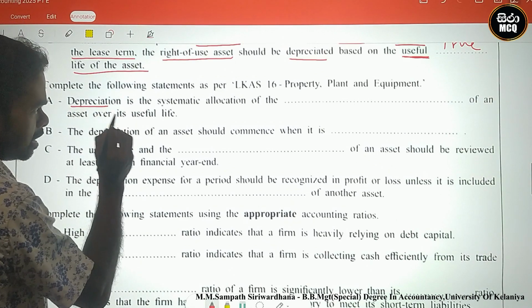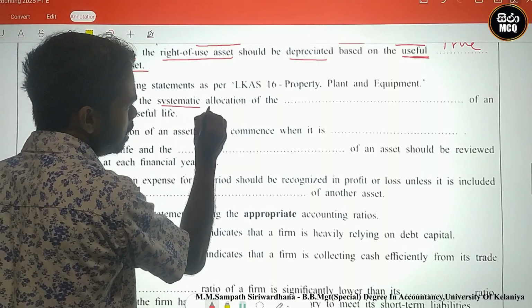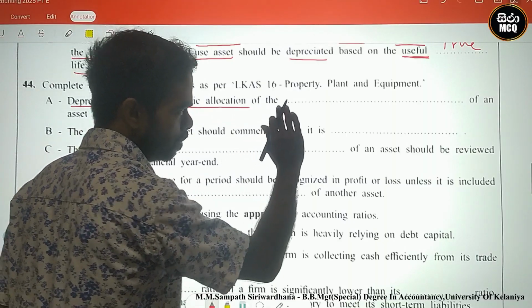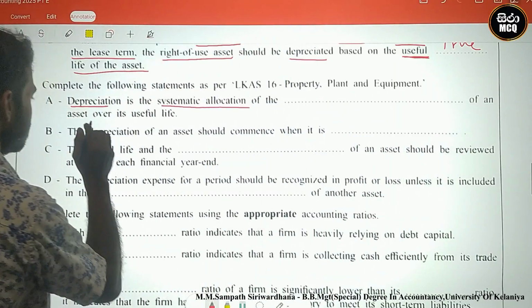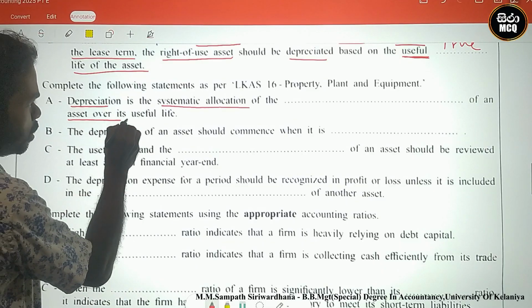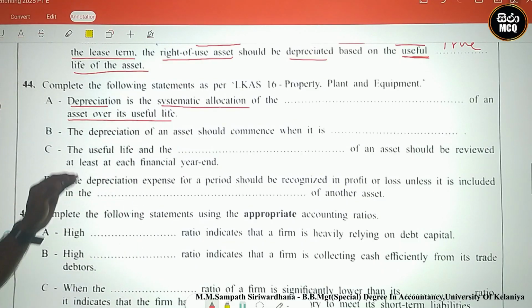Depreciation is the systematic allocation of the blank of an asset over its useful lifetime.